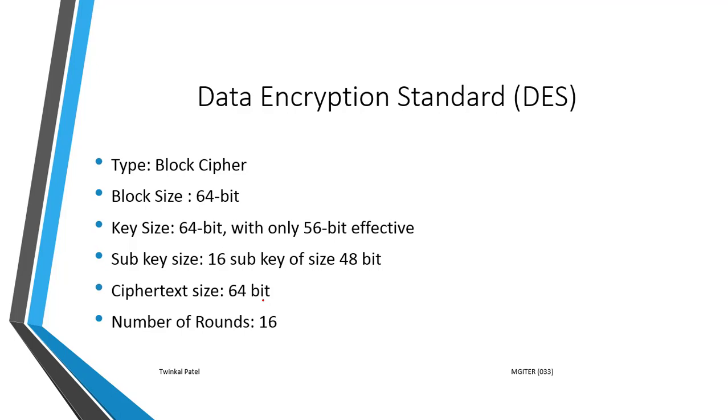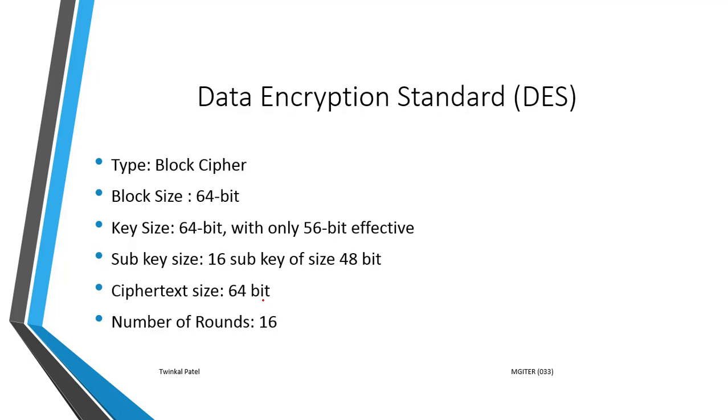So in DES, the plaintext block size is 64-bit, a 56-bit key is applied, and from the 56-bit key 16 subkeys are generated, each subkey size being 48-bit, and a total of 16 rounds of operations are performed, and after that 64-bit ciphertext is generated.